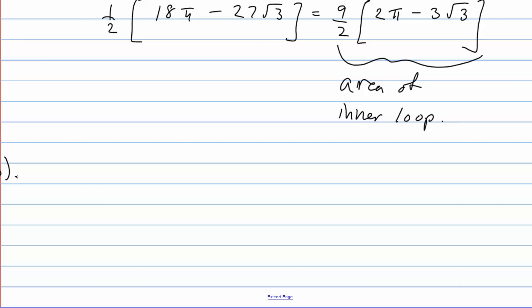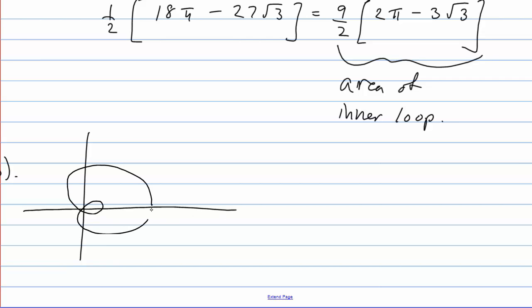Right? So it says outside the inner loop and inside the outer loop. So going back to our picture here, my kind of crude picture, what we want to find is basically all this stuff in here.